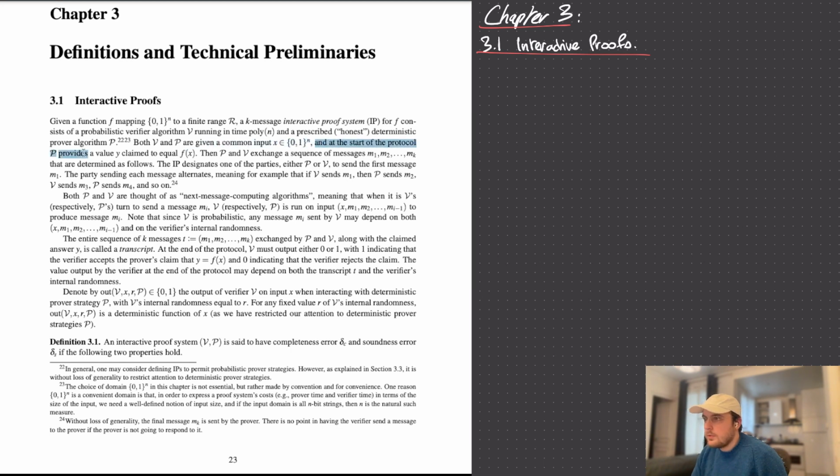At the start of the protocol, P provides a value y claimed to equal f of x. Then P and V exchange a sequence of messages determined as follows. The IP designates one of the parties, either P or V, to send the first message, m1. The party sending each message alternates, meaning that, for example, if V sends m1, then P sends m2, V sends m3, P sends m4, and so on.